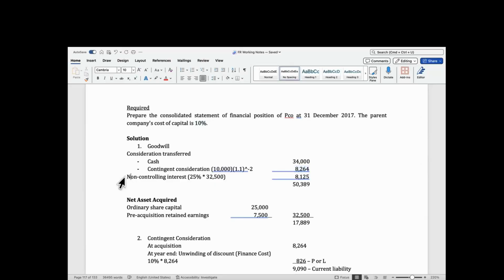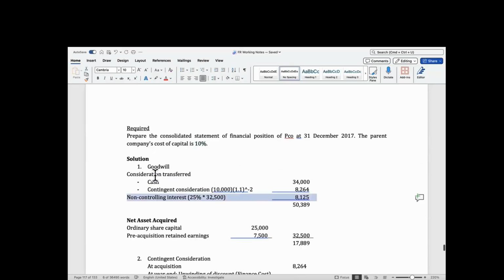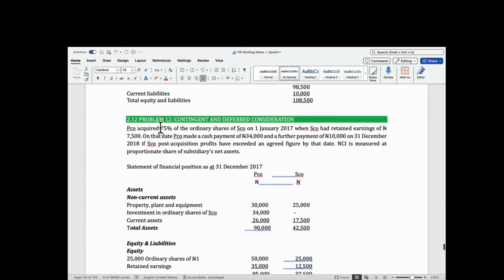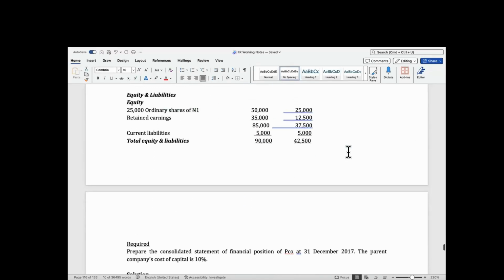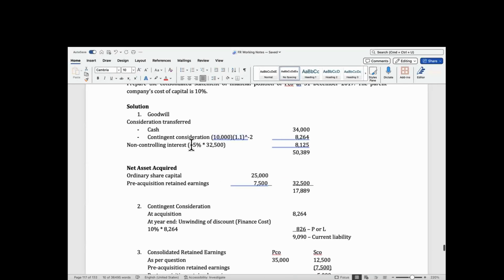Then I add my non-controlling interests because I only acquire 75%. And in this case, NCI is measured at proportionate share. So I'll just do his own share times the net asset of the subsidiary.